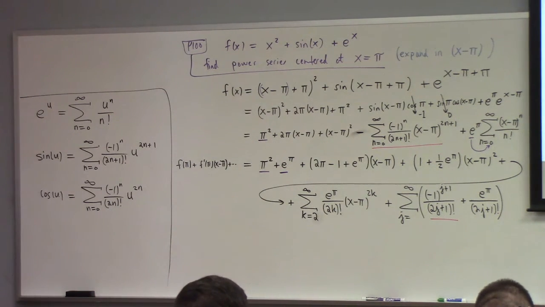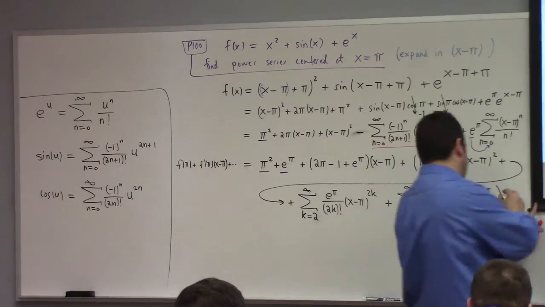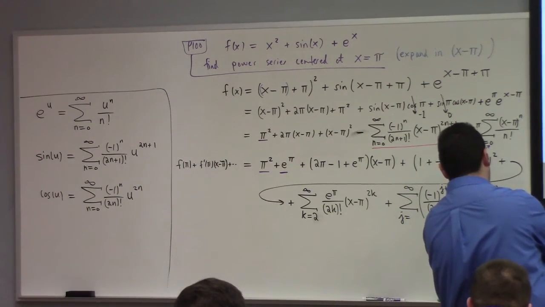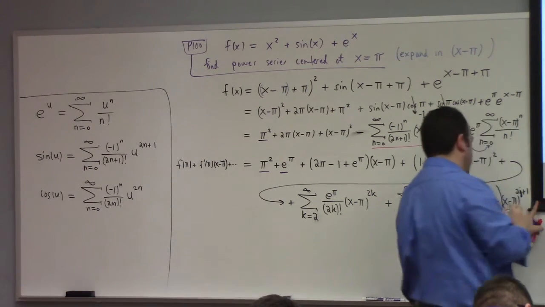Where does that j start at? And what am I missing? Kind of important, right? x minus pi to the 2j plus 1 right there.